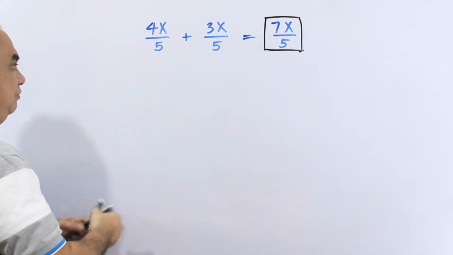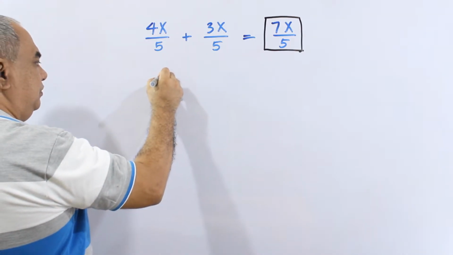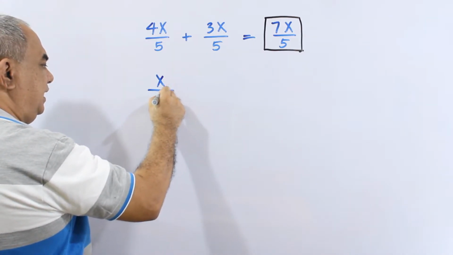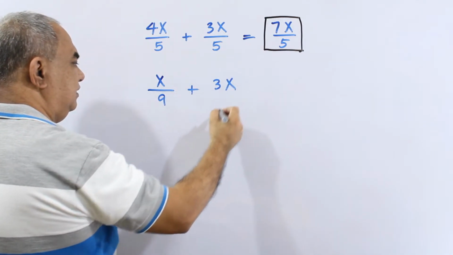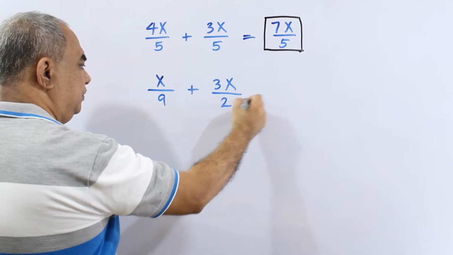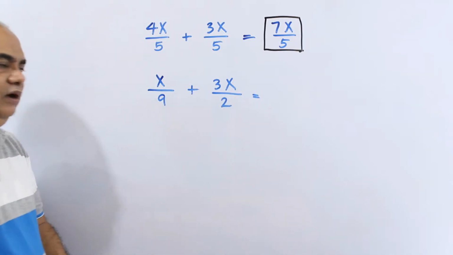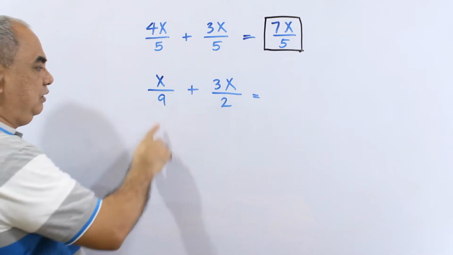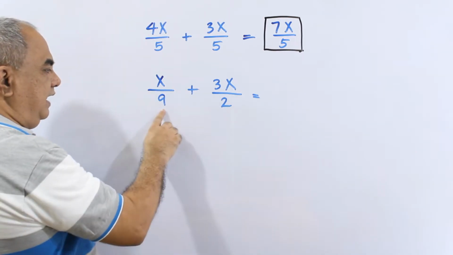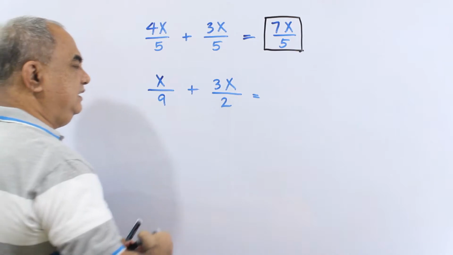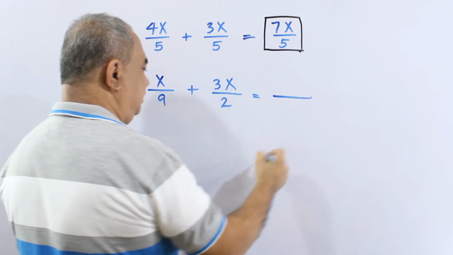Let's have another example. Let's say we have x over 9 plus, let's say, 3x over 2. This time, we have two dissimilar fractions simply because their denominators are different. So what do we do? We get the LCM, or simply the LCD, of these two denominators.